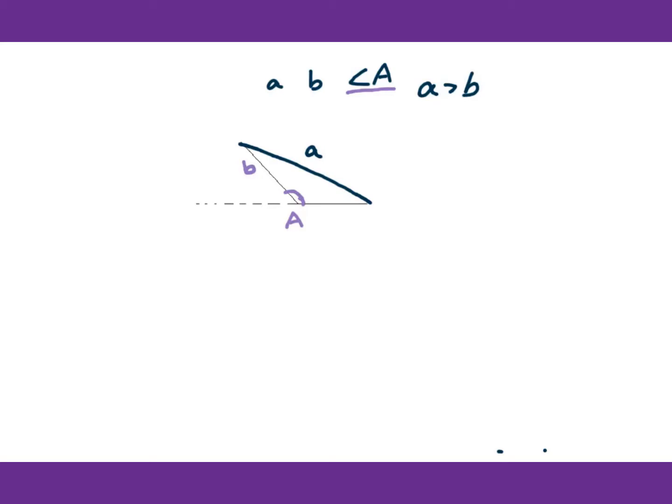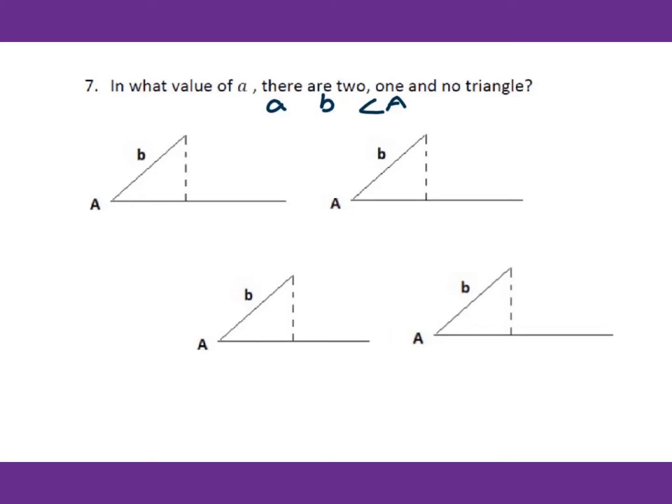Otherwise, you cannot form any triangle. When this angle A is an acute angle, if A greater than B, we can form only one triangle.